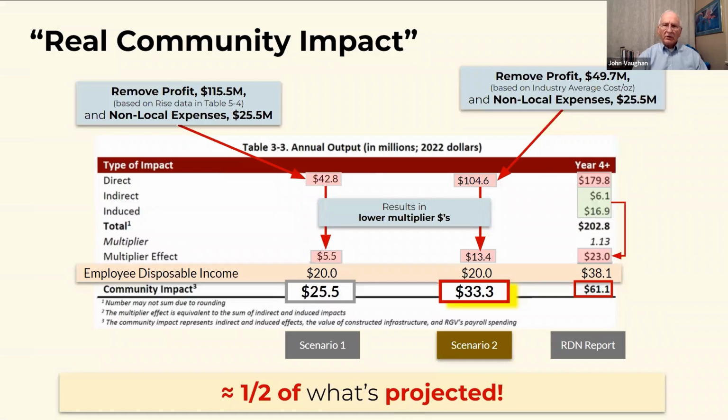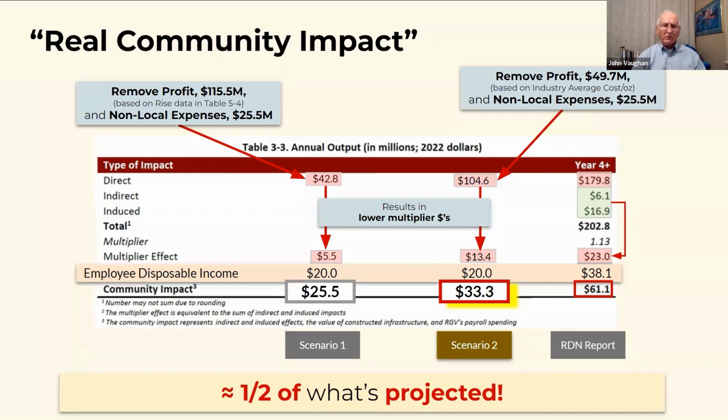The second scenario to consider is that the RISE Gold claim of 68.3 million in annual expenses, which is how they arrived at the $111.5 million profit that we talked about on the previous slide. The expenses work out to about $630 an ounce to produce the gold. In fact, the industry average is closer to $1,200 an ounce. We'll talk more about those 2 items in a minute.